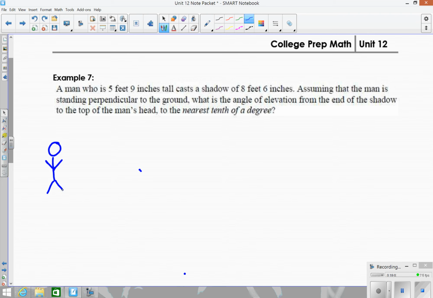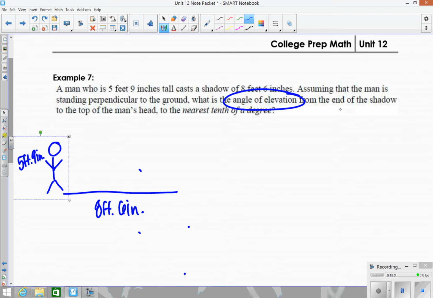Here's my guy that's 5 feet 9 inches, and he's casting a shadow that's 8 feet 6 inches long. Assuming that he's perpendicular to the ground, what is the angle of elevation from the end of his shadow to the top of his head?